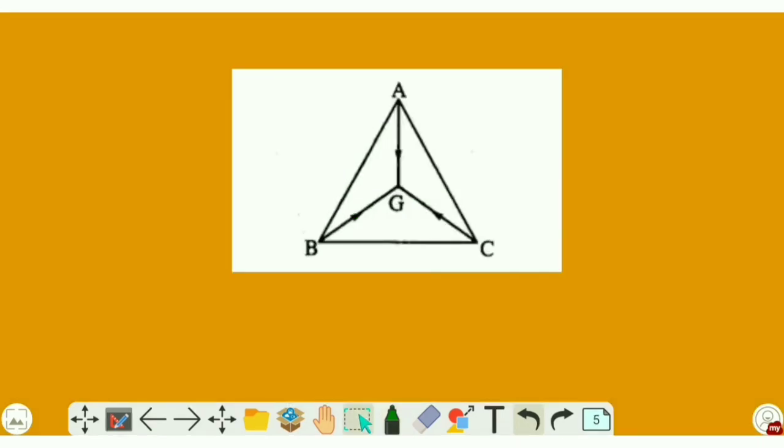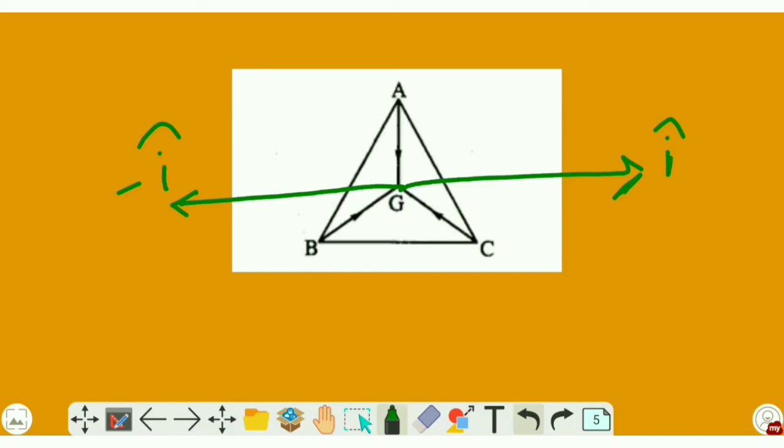Okay, now after the collision, this is i cap, minus i cap, j cap, minus j cap. So after collision it is said that the particle which came from A to G is at rest here.